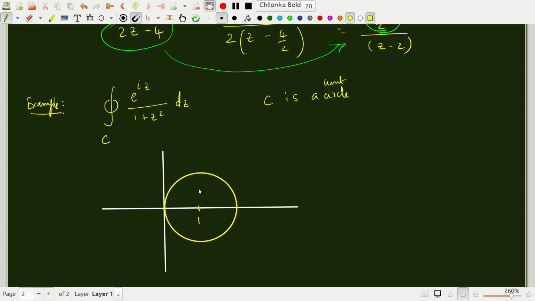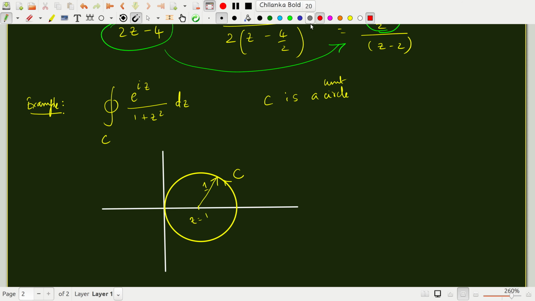Now, what is the value of this integral for this contour? The radius of this contour is 1, and it's centered about z is equal to 1. What is the value of this integral?